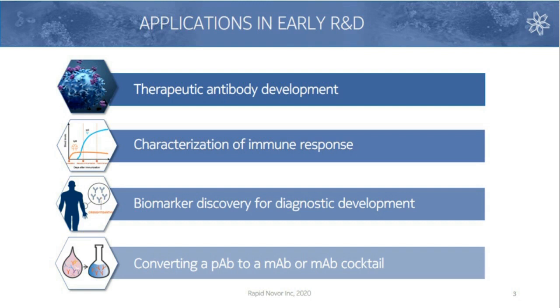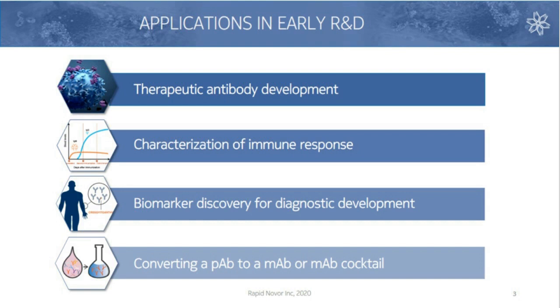We've also worked with many teams for biomarker discovery and diagnostic development, and of keen interest to some of you here today is the idea of converting a PAB to a MAB or a MAB cocktail. And of course, we'll be going through all these different cases throughout the presentation.